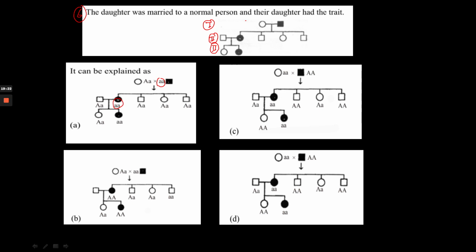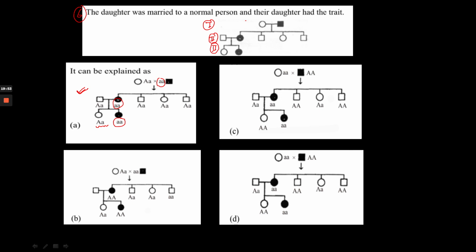Again, for the children of this individual, in the case of the girl, one a has come from here and one a has come from here, so it is a homozygous recessive condition, showing the affected one. And since in this girl the alleles are in a heterozygous condition, she is not showing the disease. So it can be the correct one, but we will have to look at other options as well.